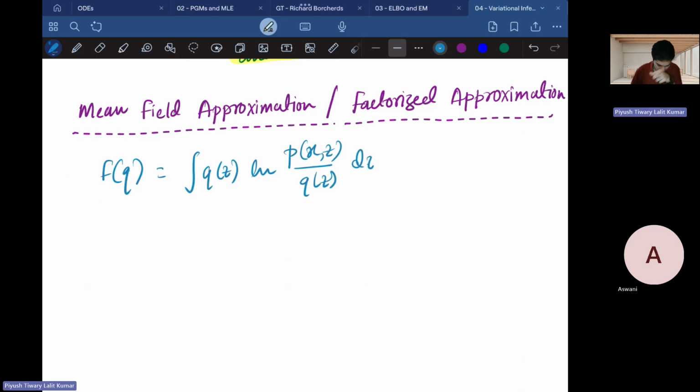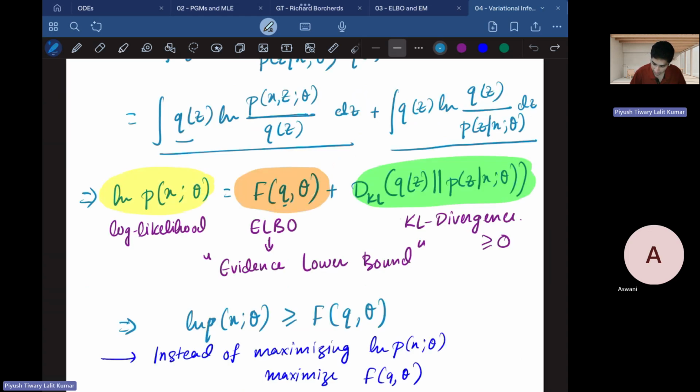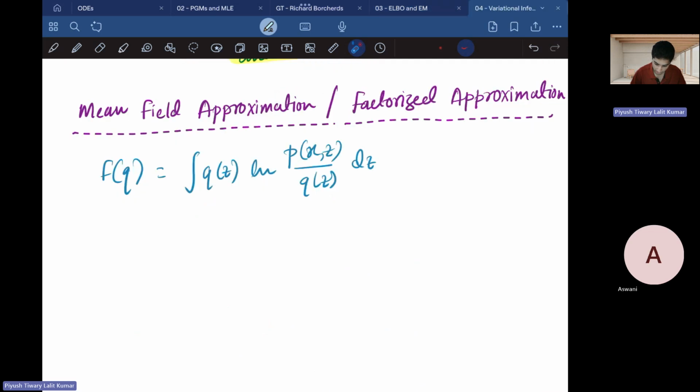This is what our ELBO looked like. As I said, we are omitting the thetas here. You can think that thetas are somehow subsumed in the latent variable Z itself, so we are not writing down theta here.